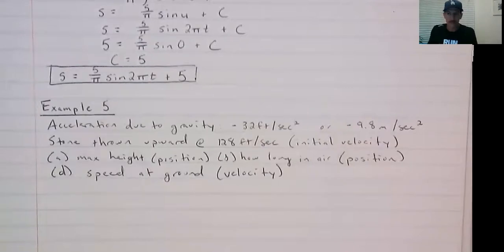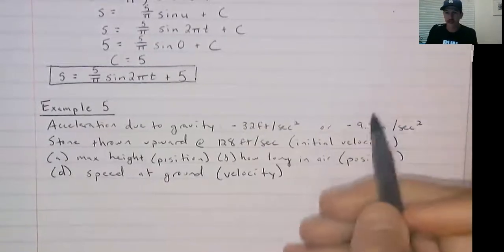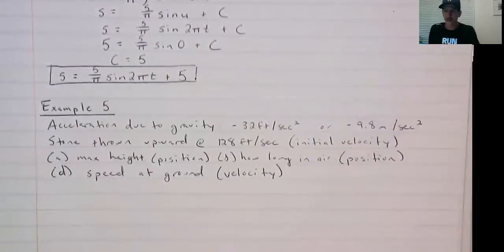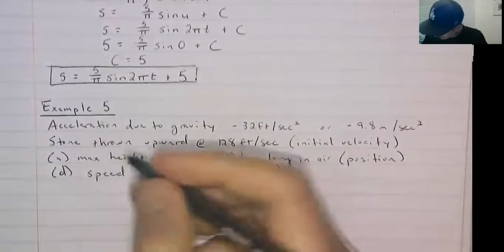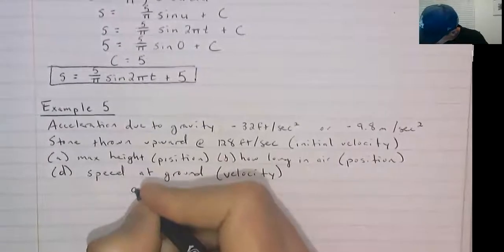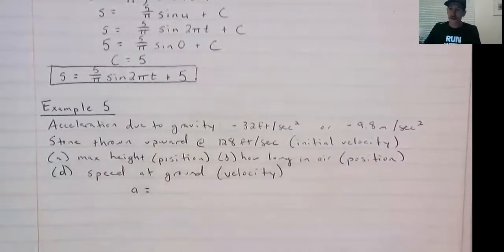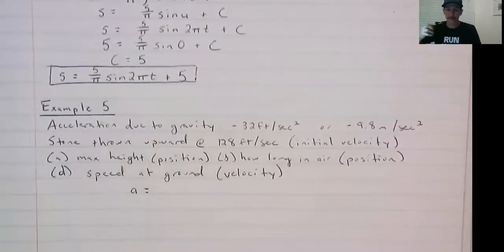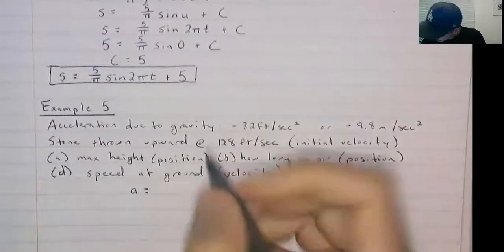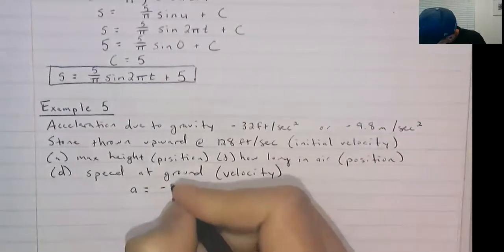So how are we going to do that? Well, we're going to start from the thing that's set in stone, no pun intended, which is the acceleration. So the acceleration of this stone, and in fact of any object that you might have in the air around the Earth, is negative 32.